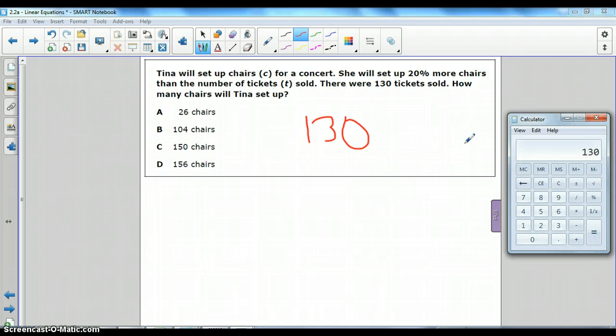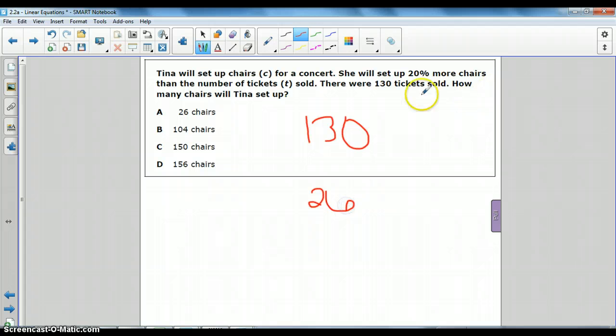In your calculator you could do times 20%, or we know 20% as a decimal is 0.2. So that's 26 more chairs. The number of chairs Tina will set up is going to be 130 plus 26, so it's going to be 156.